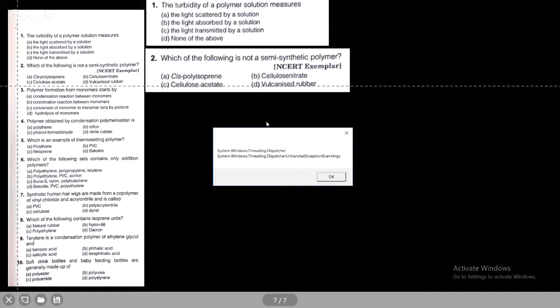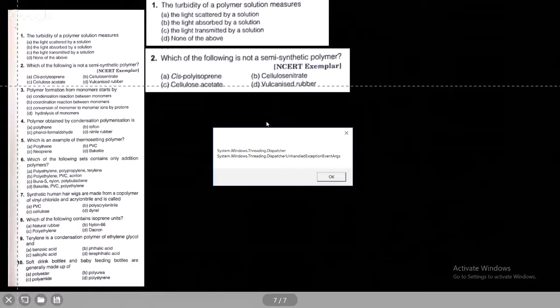First one, option A is correct. Turbidity of a polymer gives you the idea of scattering of light by the solution, a kind of Tyndall effect, not exactly, but a little bit the same. Must remember that.